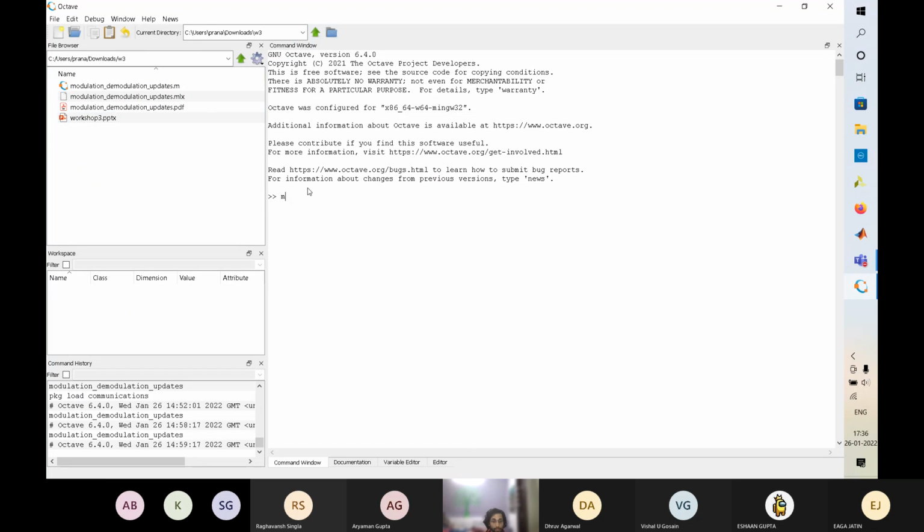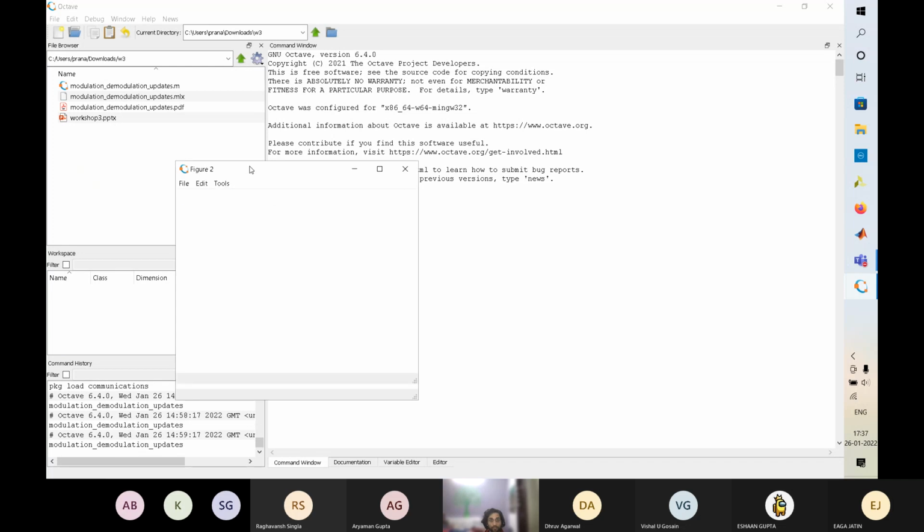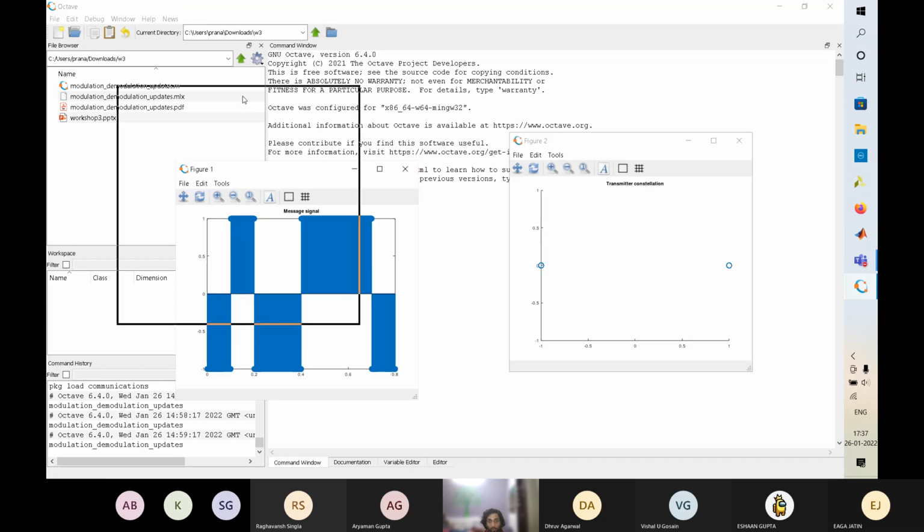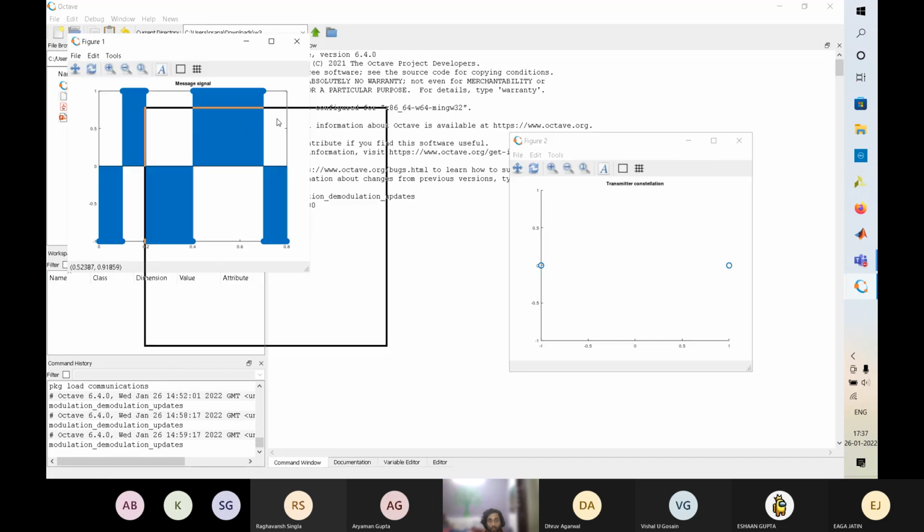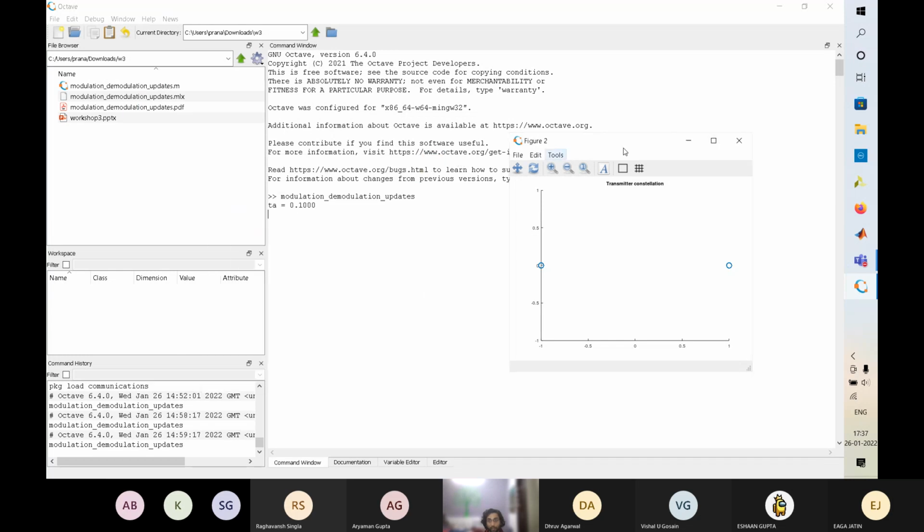In that folder you can type a few letters, then press tab, and it will automatically guess what you are trying to type. Then this is the .m file, and after writing that .m file name, if you press enter in the command window, all the graphs that we showed in MATLAB will start to come.